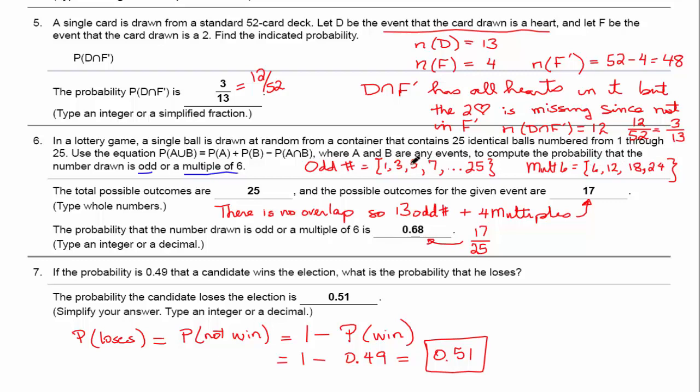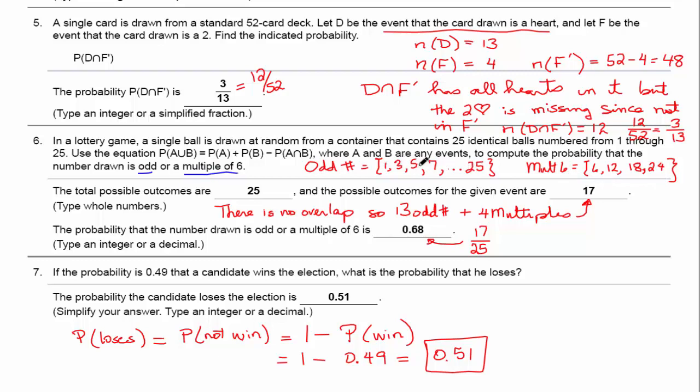Do we have any overlap between these two? Is there any chance of me double counting? Well, no, since all the multiples of 6 are even numbers. So the question is, how many odd numbers are there?